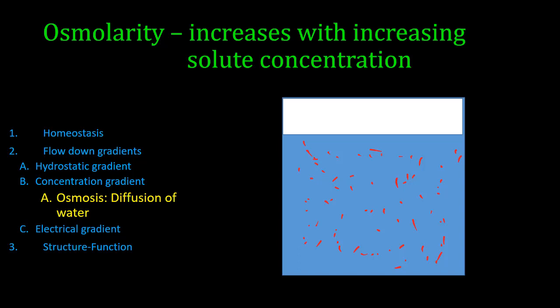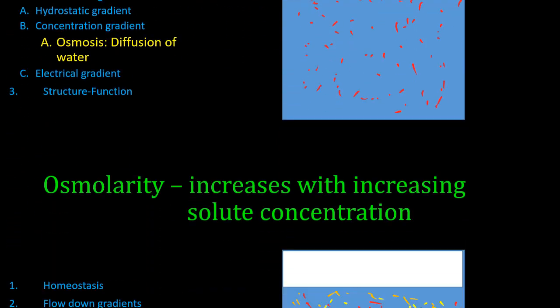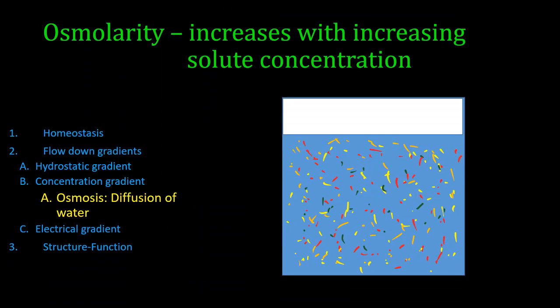This blue solution we're looking at here has some red dots in it. Those are solutes like glucose we saw before. If we increase the number of solutes, doesn't matter what type of molecules they are, it will increase the osmotic pressure. So if we had sodium, potassium, chloride, different proteins, it doesn't matter. Each of those will increase the osmolarity of a solution.